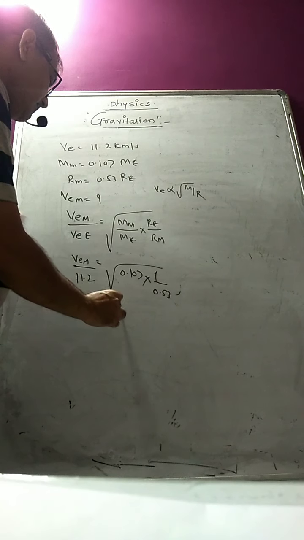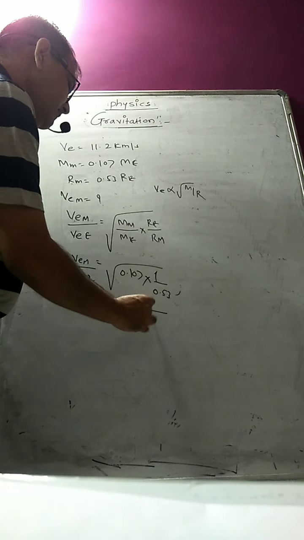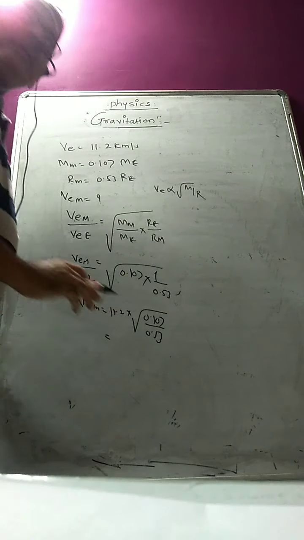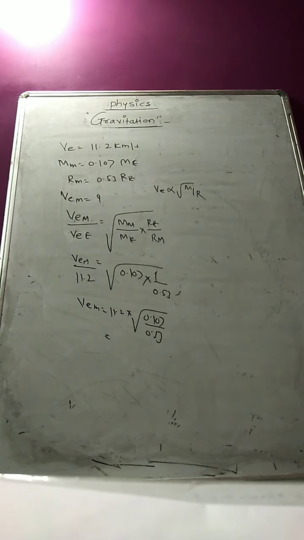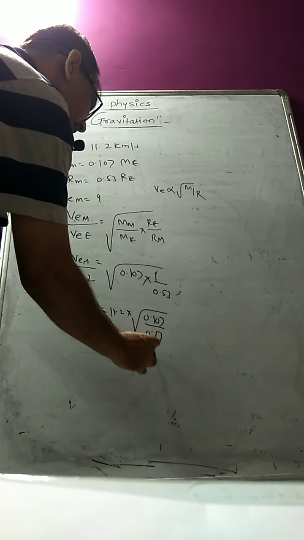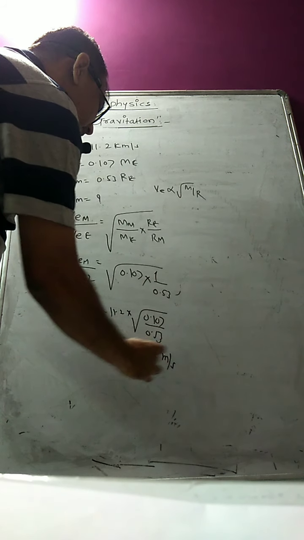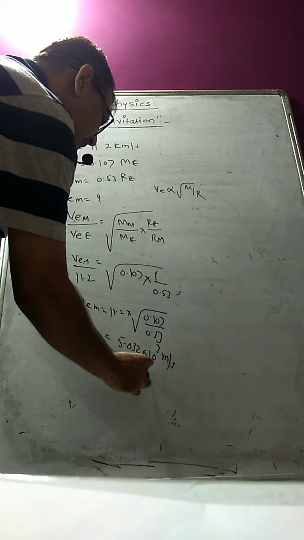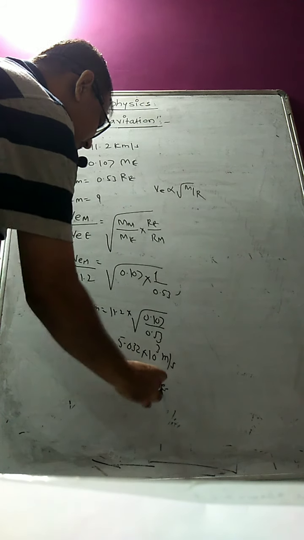So therefore Ve of Mars is equal to 11.2 into root of 0.107 upon 0.53, and the answer is 5.032 into 10^3 meter per second, or 5.03 kilometer per second.